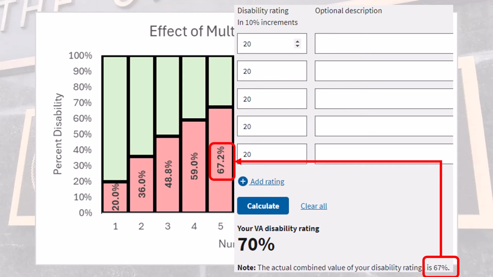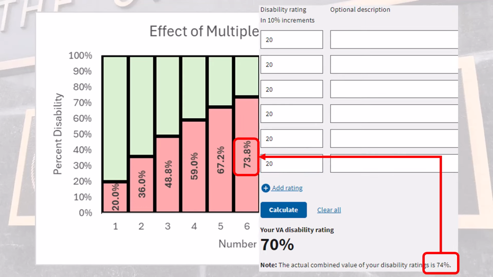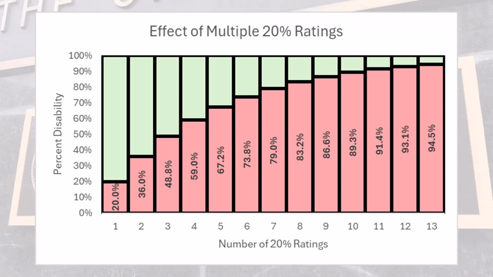A fifth 20% rating, well, that pushes us up to 70%. But now look how a sixth 20% rating increases our combined value, but not enough to round up to the next final rating. We stay at 70%. In fact, we would stay stuck at 80% for the 7th and 8th 20%.